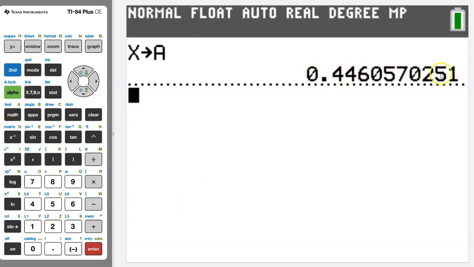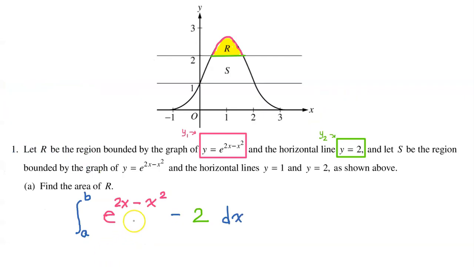All of these gorgeous decimals have now been stored into letter A. So let's write this down: A equals 0.446. And now let's go ahead and find B.